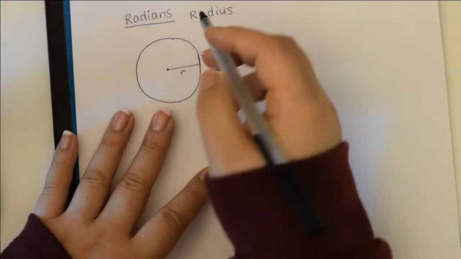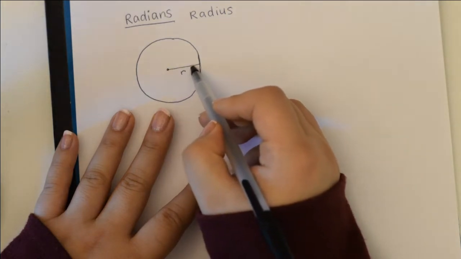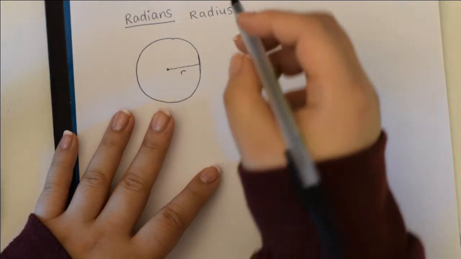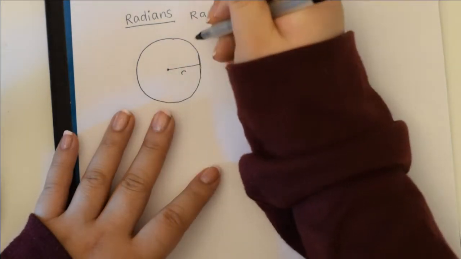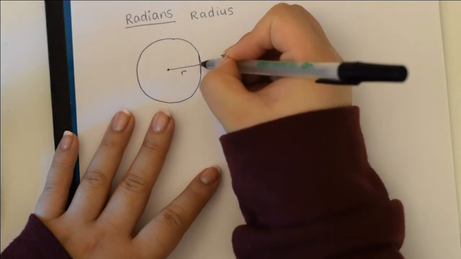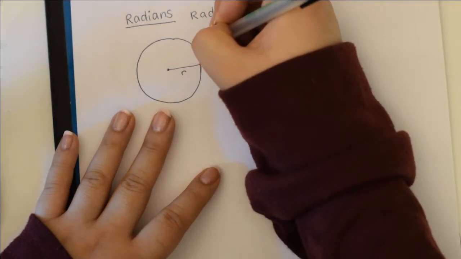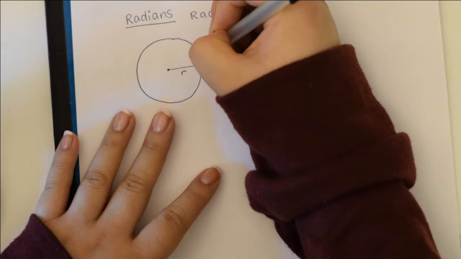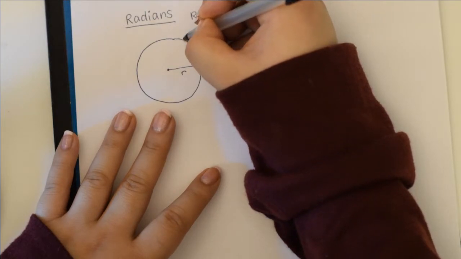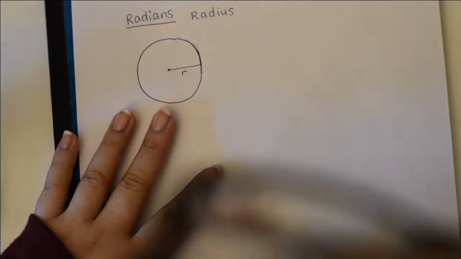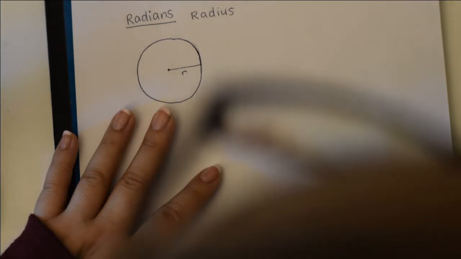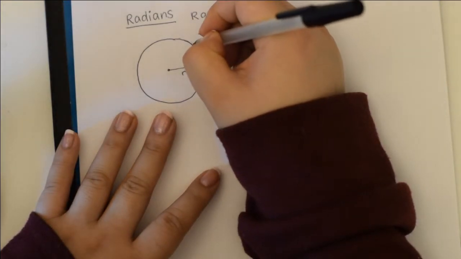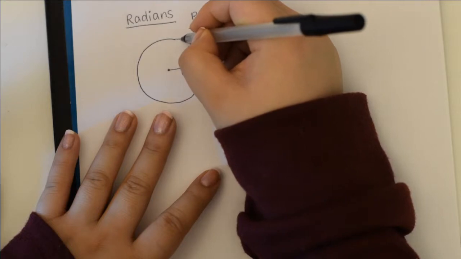But basically, if I take this r, whatever the distance is, in this case 2 centimeters, and I wrap that around the circle starting from here, so I'm tracing the circle here, and let's say I go exactly a distance of r. Like there, okay? Something like that.